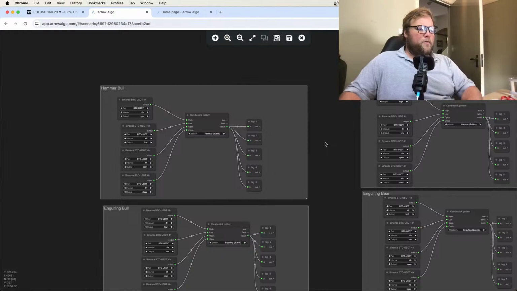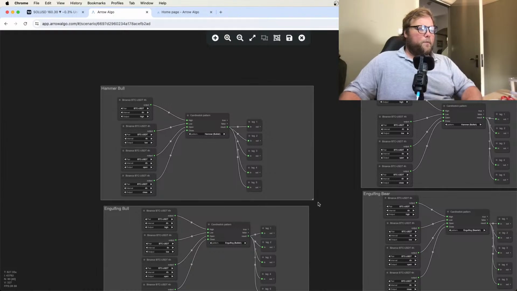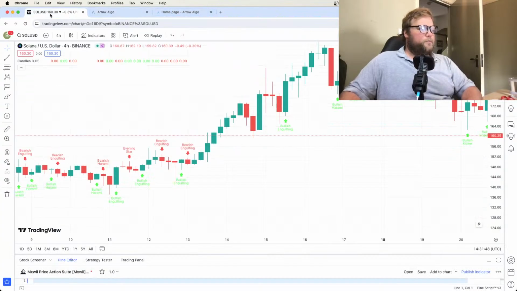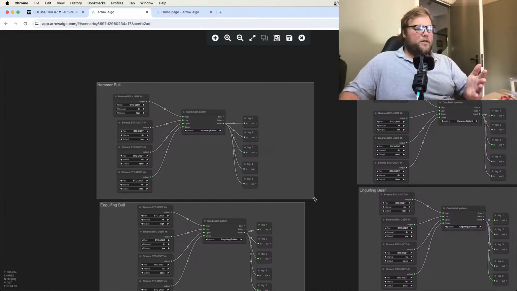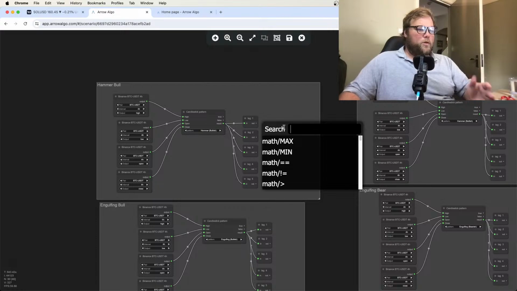Okay, so next we need to check whether any of these are triggered or not. As we said, we want to check whether any of the last 5 candles are any of these. So if they are, then we'll trigger an action. We can detect whether these are triggered or not with a condition block.